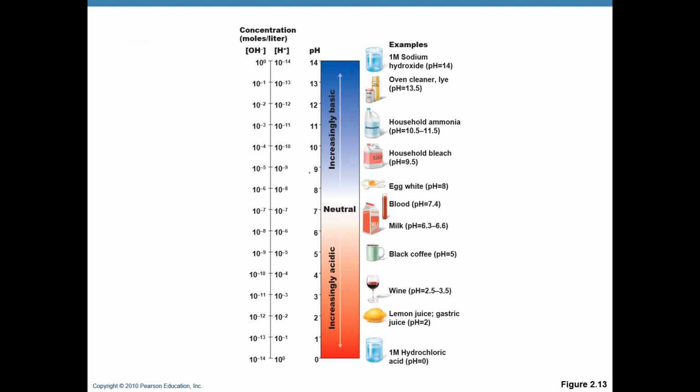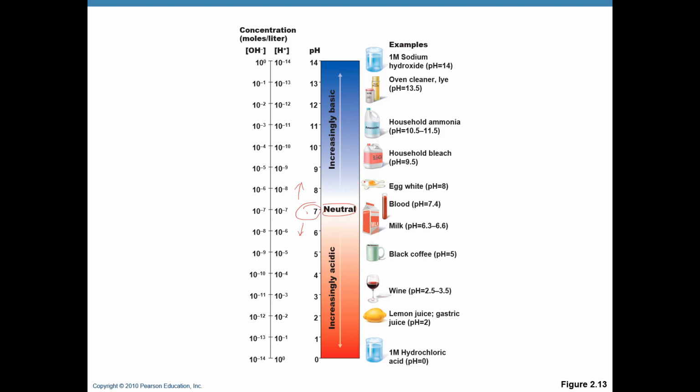As you go further below 7, it becomes a stronger acid. As you go further above 7, it becomes a stronger alkaline.